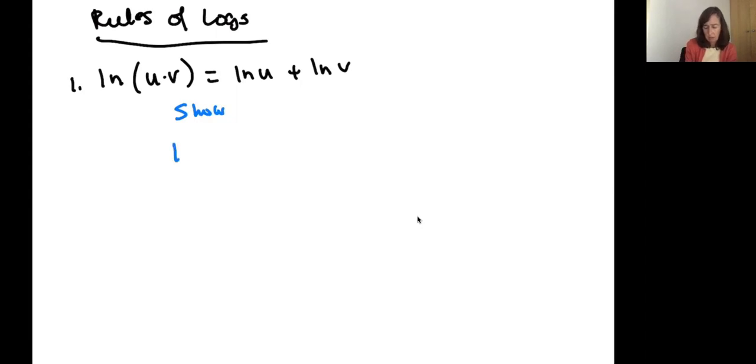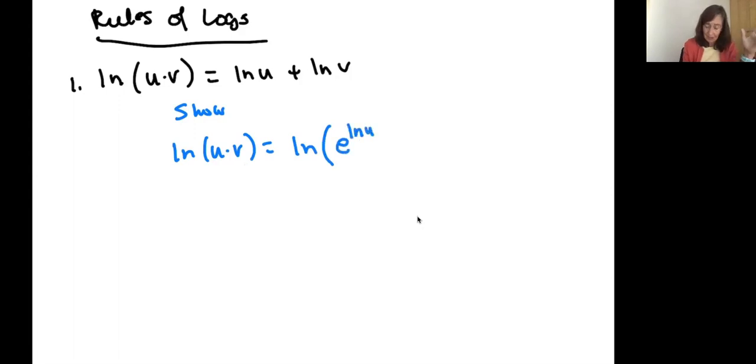So we're going to start with the log of this product here, and we're going to substitute for both u and v. We're going to use the definition of the log to write them in a weird way. Okay, still the log here. I'm going to write u as e to the log u power.